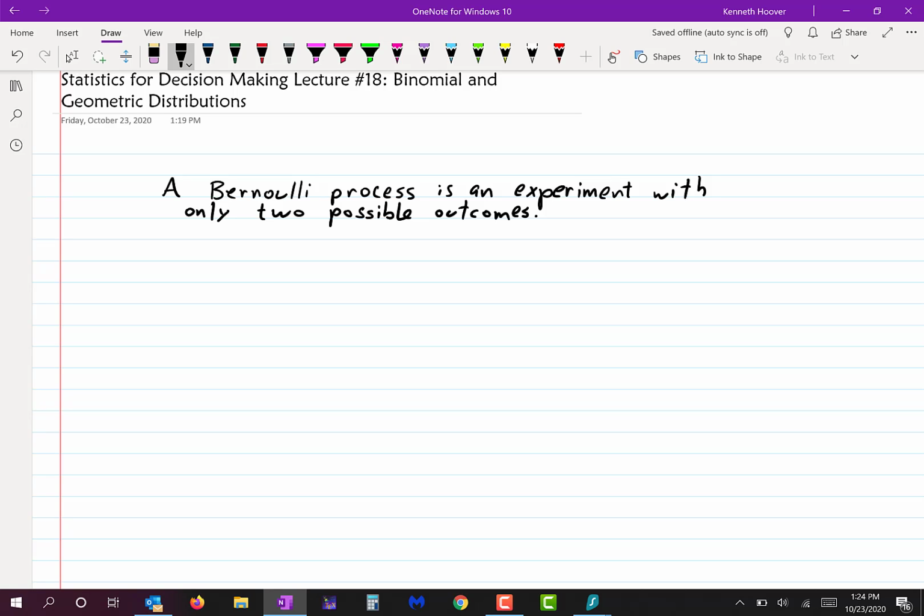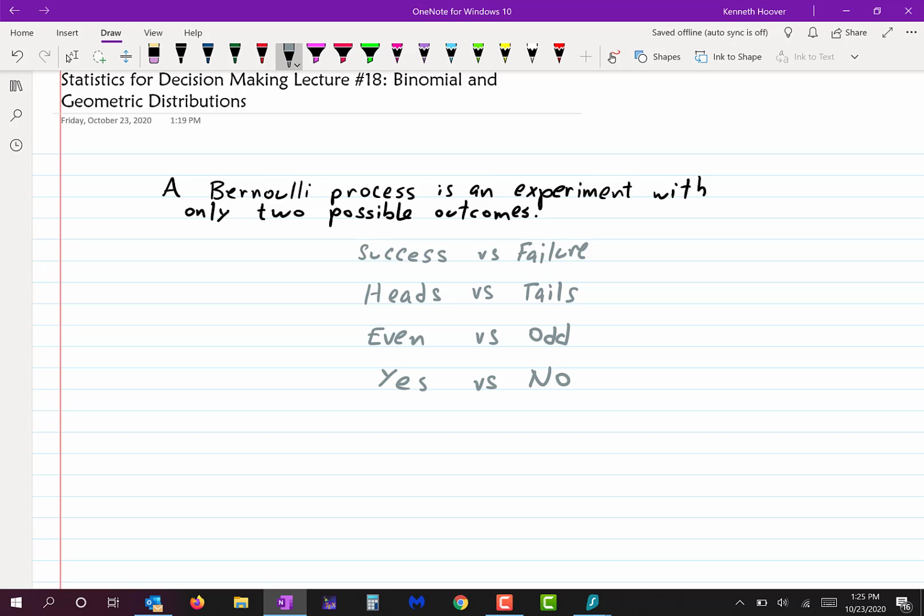And then I'll just list them here. Success versus failure. Heads versus tails. Even versus odd. Yes versus no, etc., etc.